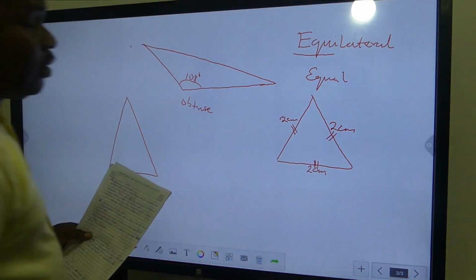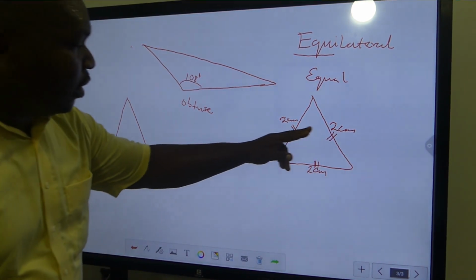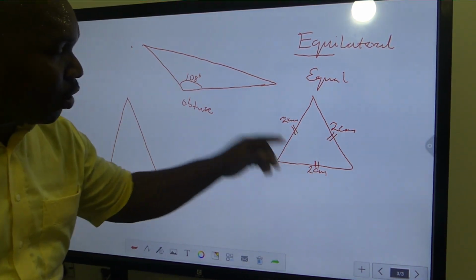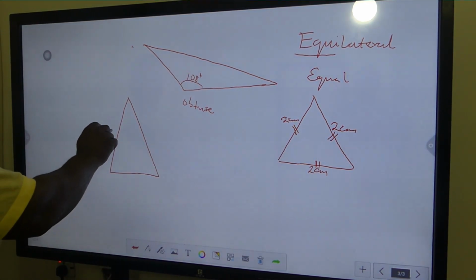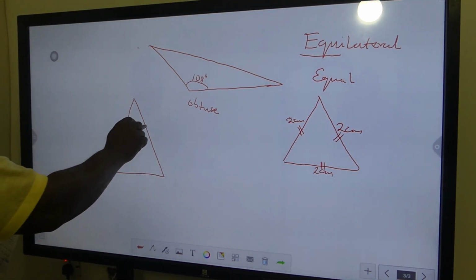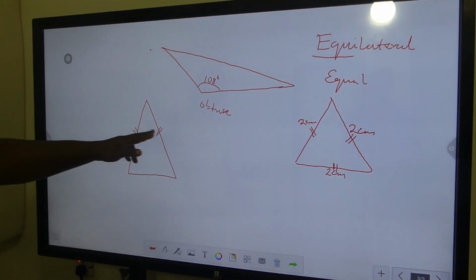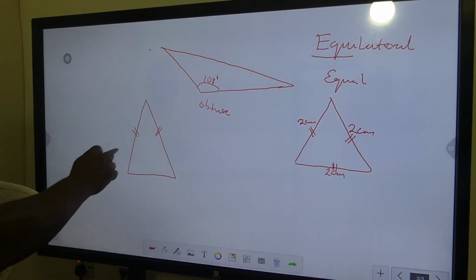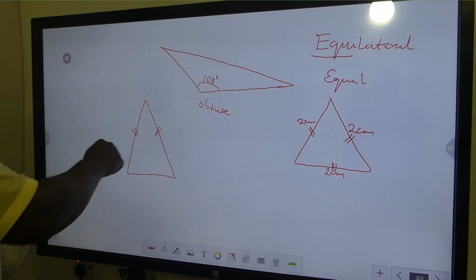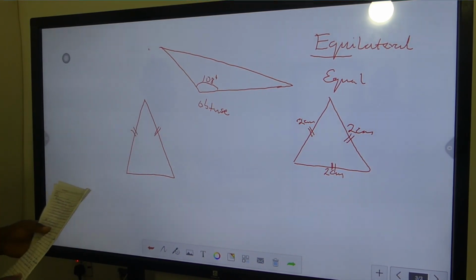When you see these signs, it tells you those sides are equal. In an isosceles triangle, only 2 sides are equal. So these 2 sides are equal. This place is not equal to this place, but these 2 are equal.